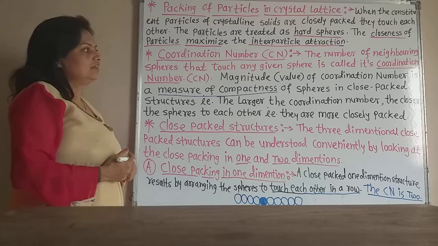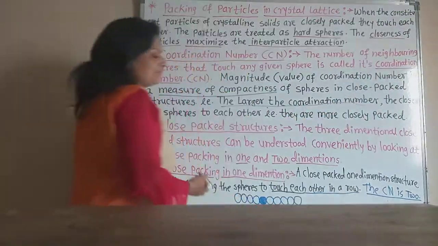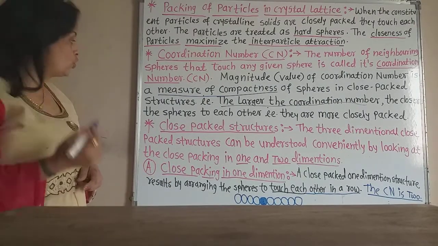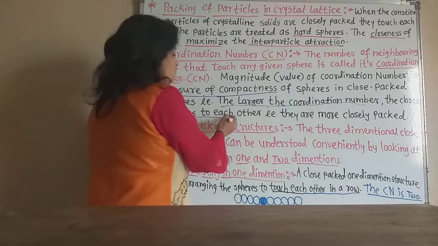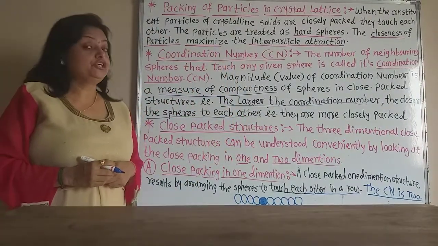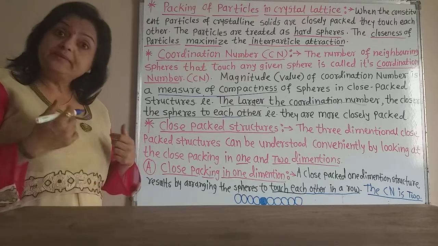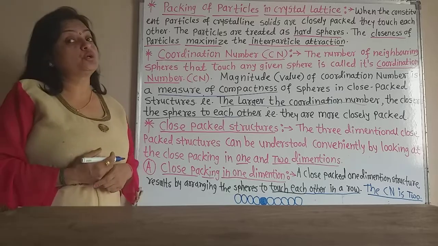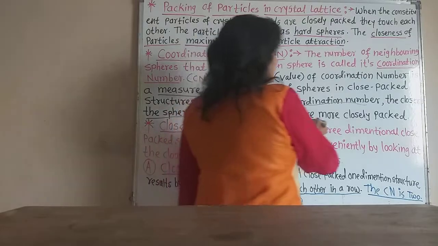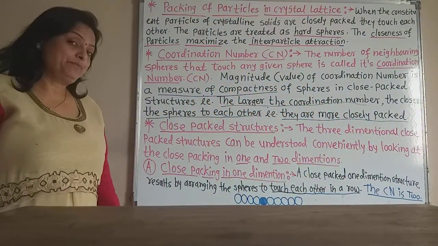So, the larger the coordination number, the closer the spheres are to each other. That means the spheres are more closely packed.